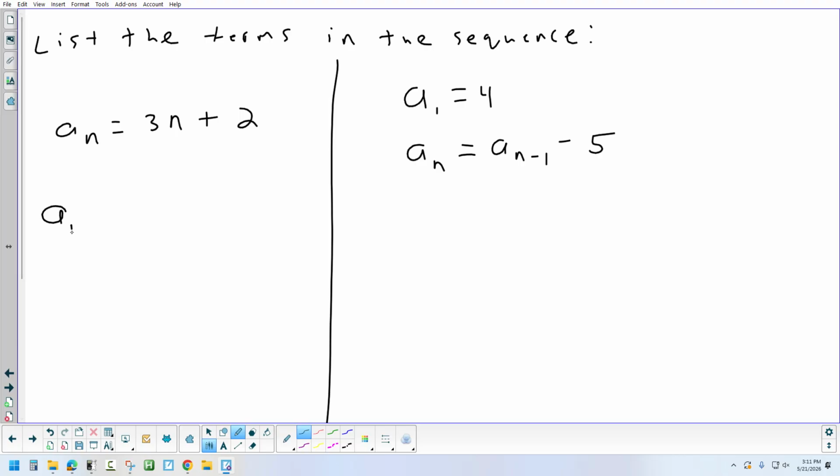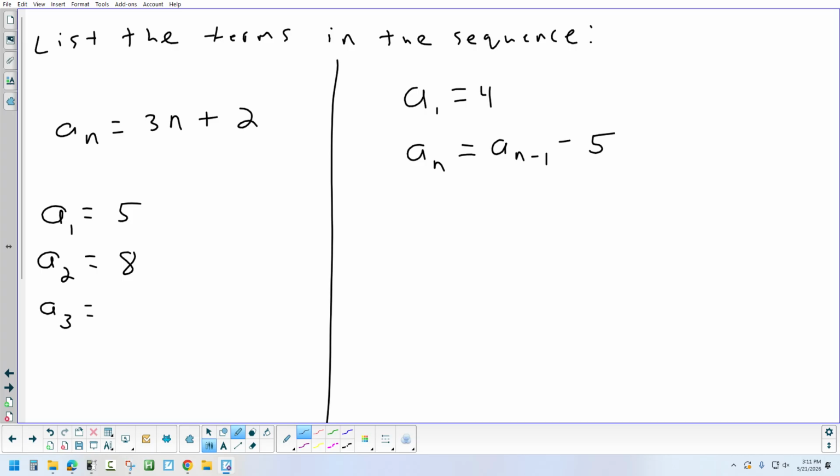So, to find the first term, you plug 1 in for n, and then you go from there. What do you get for the first term if you plug 1 in for n on the left column? Yeah, you get 5. That's your first term. How about your second term? Yeah, 8.